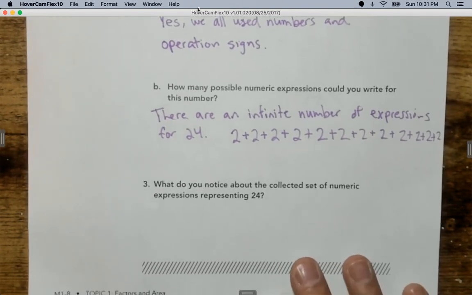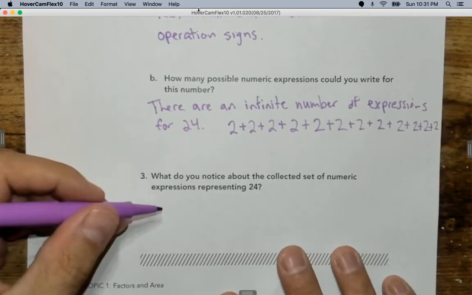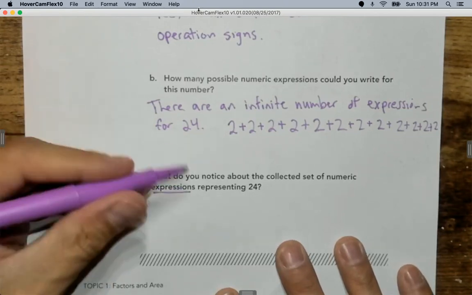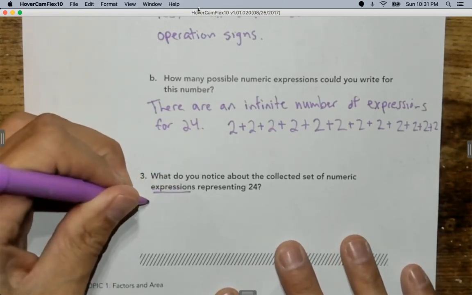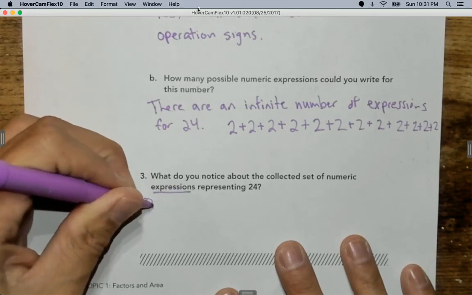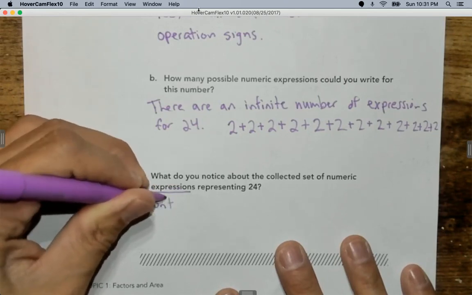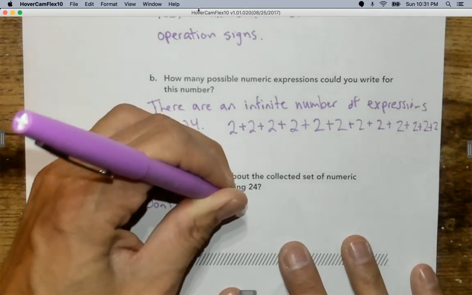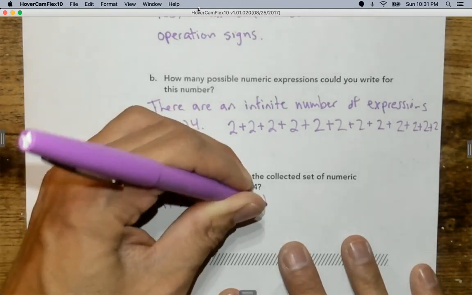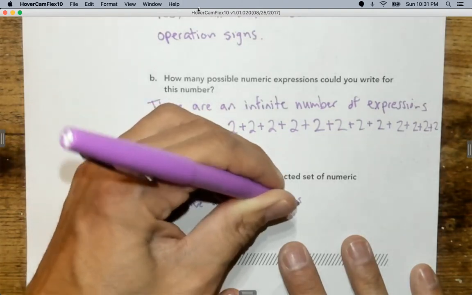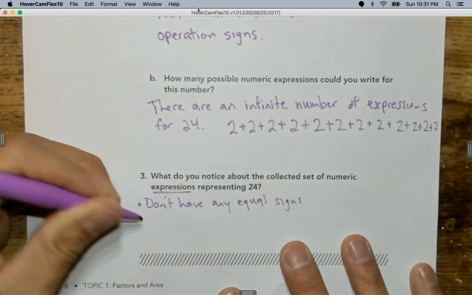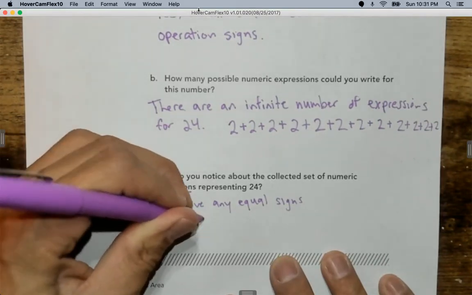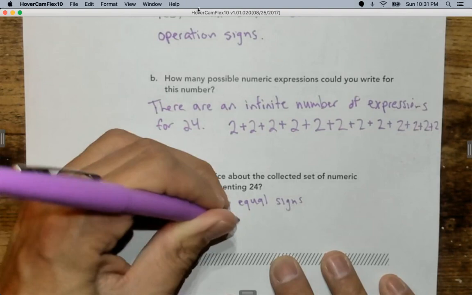Okay. What you notice about the collected set of numeric expressions representing 24? Well, except for the one that was an equation that was wrong, they don't have any equal signs. Something I would notice is they all used operation symbols.